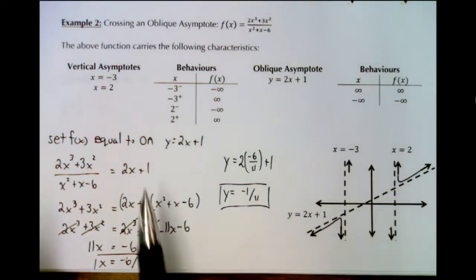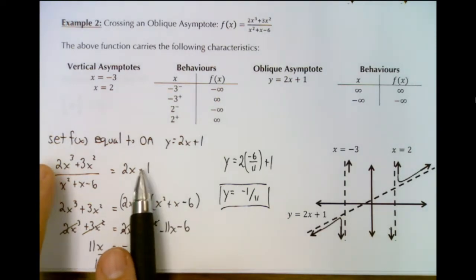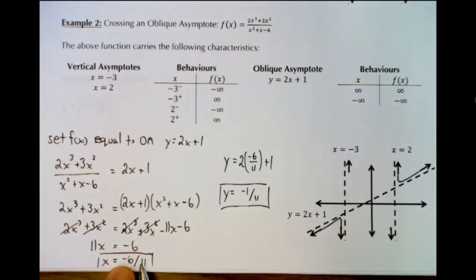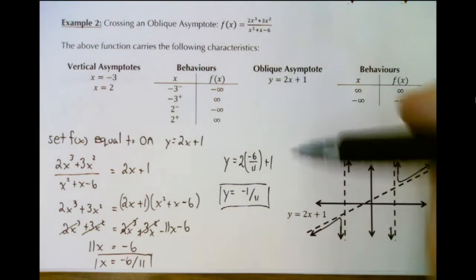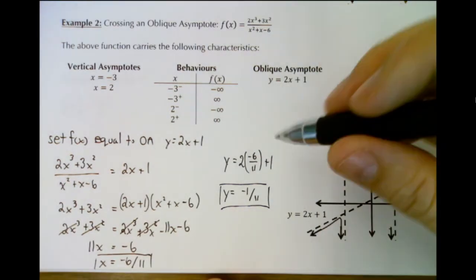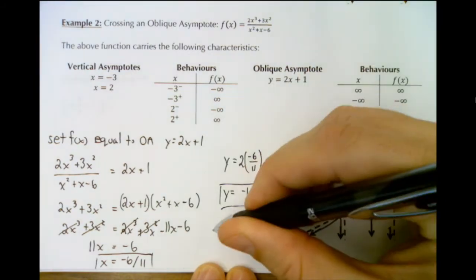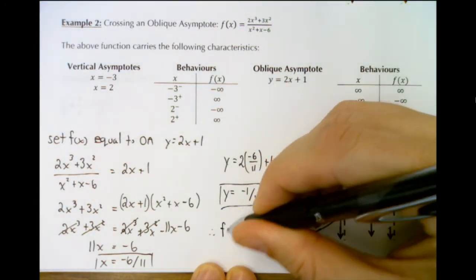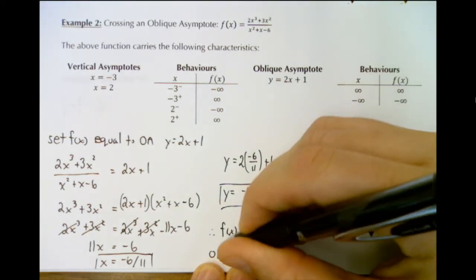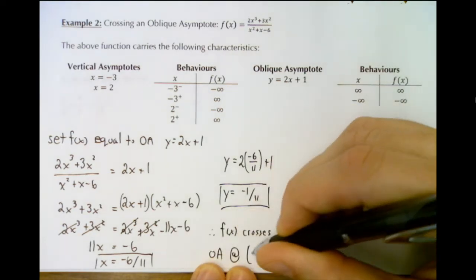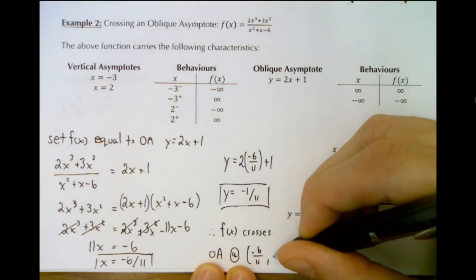Since the line and the function are equal at this point, you can plug your x into either the oblique asymptote's equation or the function's equation. But the oblique asymptote's equation is much easier, so that's what I chose to do. And therefore we can conclude that f of x crosses the oblique asymptote at negative 6 over 11, comma, negative 1 over 11.